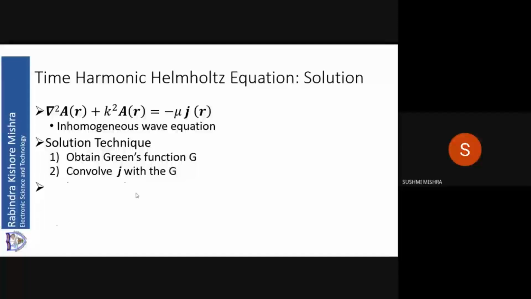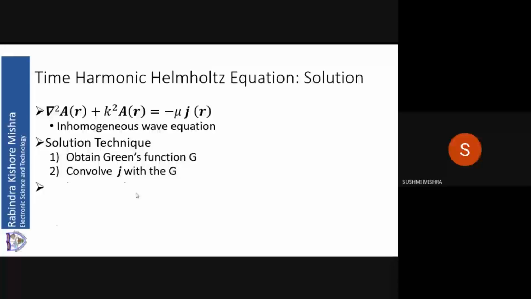That function I call g, Green's function. So instead of A, I will take g, and for minus mu J, I will take the delta function, and I will solve that. Once I find out the solution for that, then I will find out what is g.